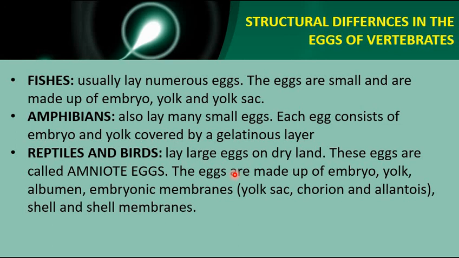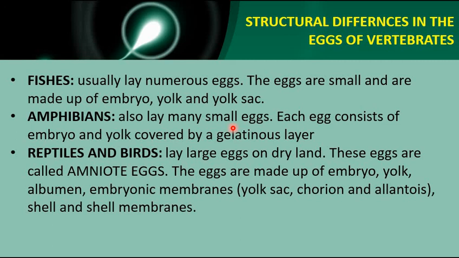Now these eggs are made up of not just a small yolk or embryo and gelatinous layer, but of embryo, yolk, albumen, and embryonic membranes that consist of yolk sac, chorion, and allantois. Apart from that, they also have a shell and shell membrane that protects the egg. So if you look at this now, you see a lot of advancement. As they move from one environment to the other, there is a series of advancements in their mode of reproduction and also in the structure of their egg.